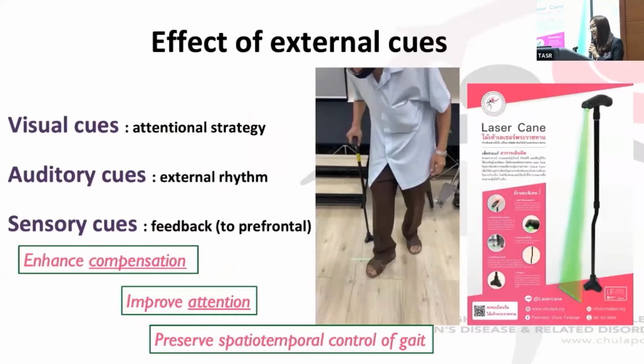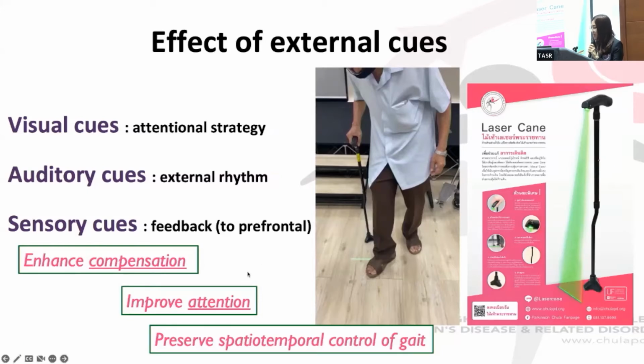And for the video on the left, this patient has freezing of gait. But you see that after using some devices, the patient has improvement of his gait, right? What is this device? It's a kind of external cue. Cues are non-pharmacological methods to improve patients with freezing of gait.